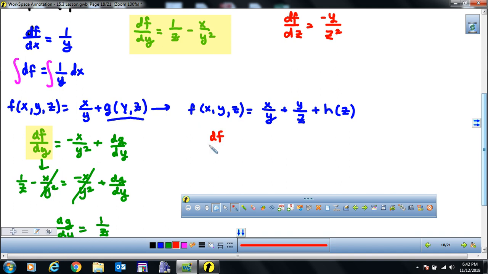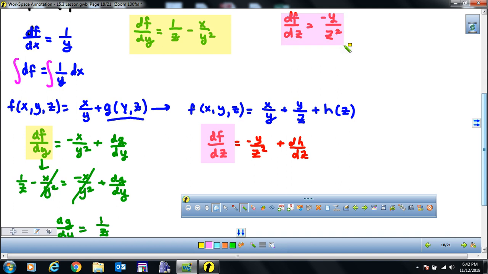So the derivative of this potential function with respect to z equals, since x over y doesn't have any z, that's 0, the derivative of y over z with respect to z would be negative y over z squared plus the derivative of h with respect to z. And we know that this is equal to that. So we're going to substitute it.